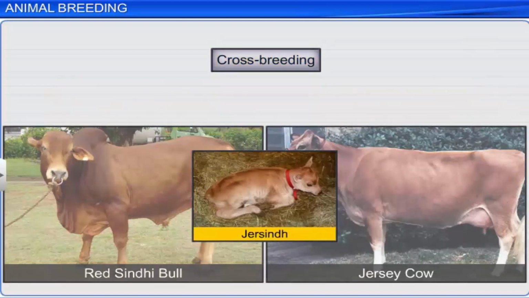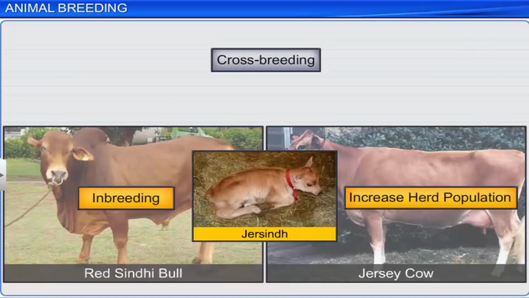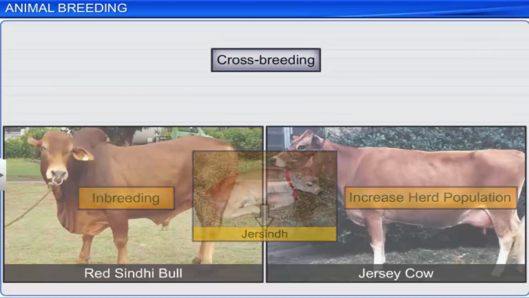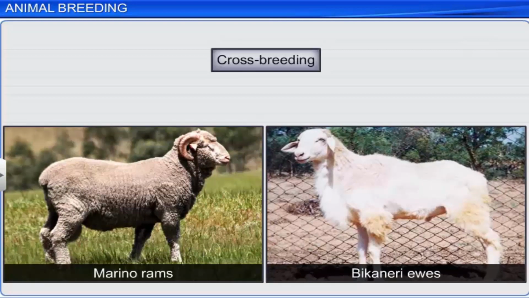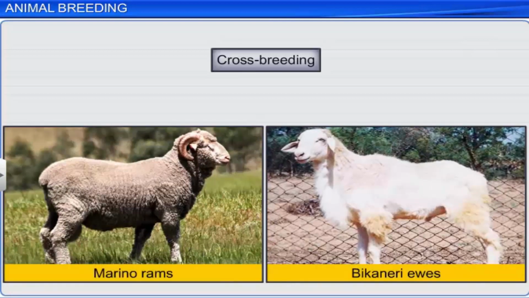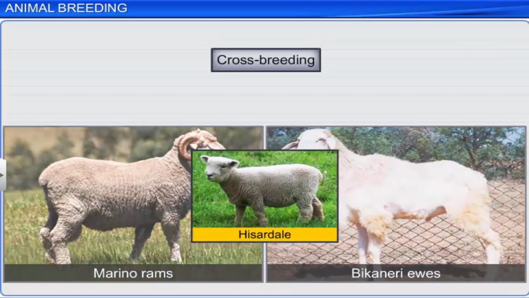The new breed obtained is then subject to inbreeding to increase the herd population. Another example of crossbreeding is the cross between Bikaneri ewes and Merino rams to form a new sheep breed, Hisar Dale.